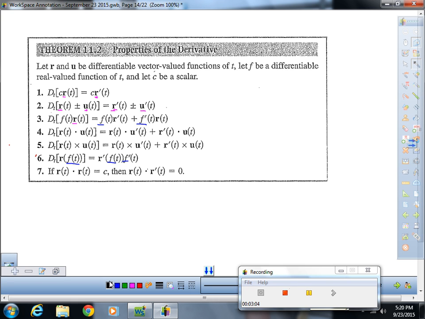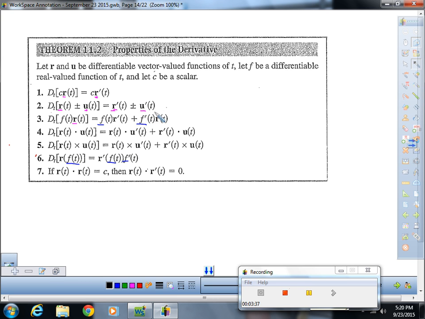So this first rule tells us that the derivative of a constant times a vector valued function is the same thing as that constant times the derivative of the vector valued function. So that same rule holds. You can pull out constants before you take the derivative. The derivative of the sum of two vector valued functions is the same as the sum of the derivatives of the two vector valued functions.